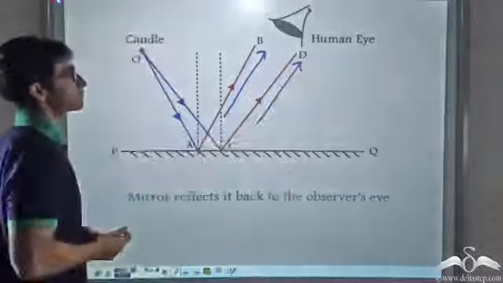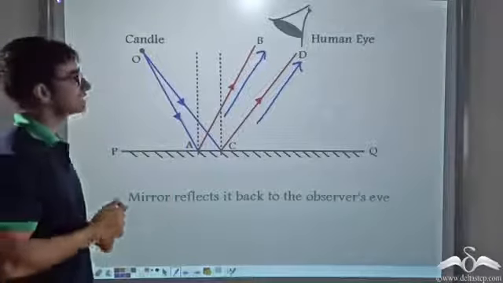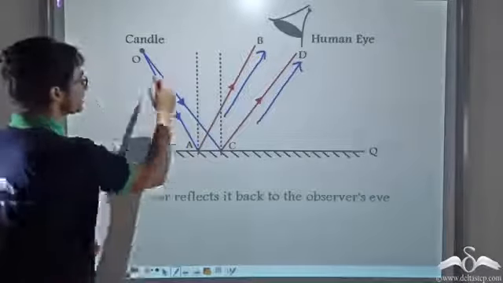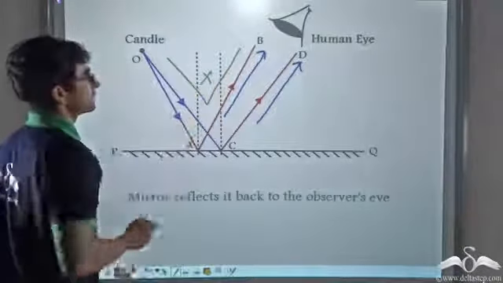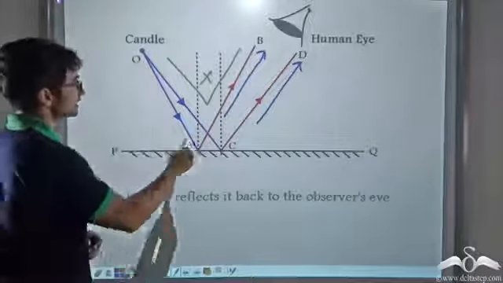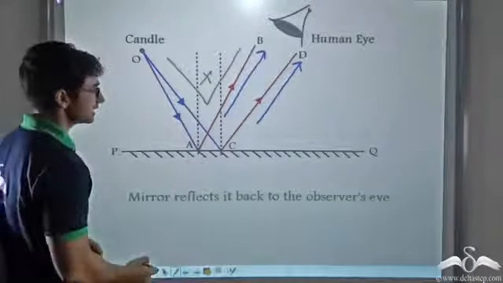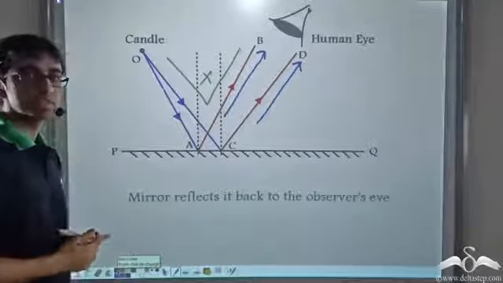the human eye. Now, do you think that the human eye is able to trace this V path? It is not. The human eye cannot trace the V path that the incident ray and the reflected ray is taking. So, how does the human eye see the image?